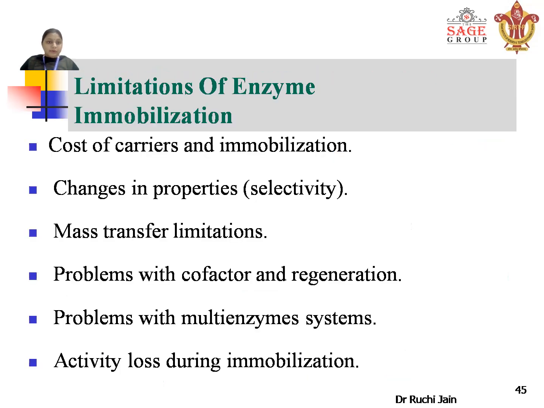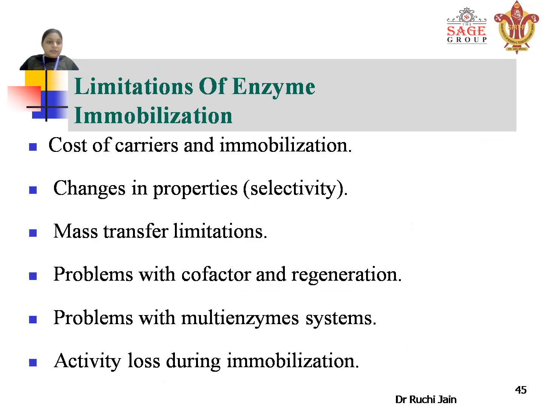So after seeing all these types of methods, there are some limitations of enzyme immobilization: we require some cost for the carrier and immobilization process. Additional cost is required. Sometimes there is a change in properties of enzyme after doing these types of immobilization process. Mass transfer limitation is there.